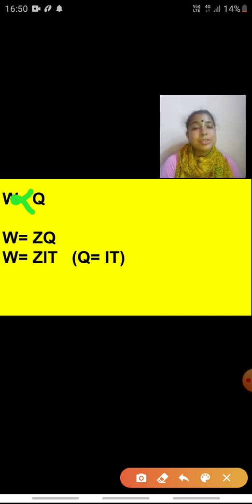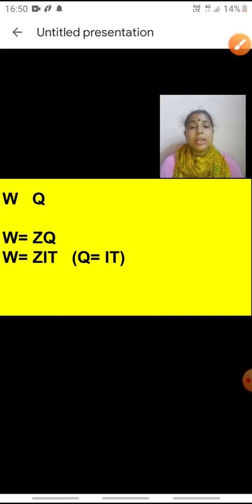Q = I × T, where I stands for current and T stands for the time for which the given current is passed. So we get the equation W = Z × I × T. Hope you have understood the first law of electrolysis.